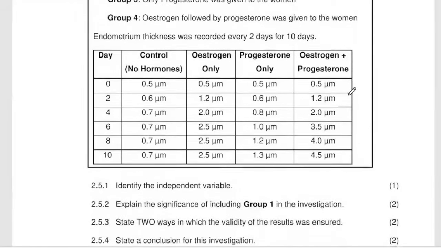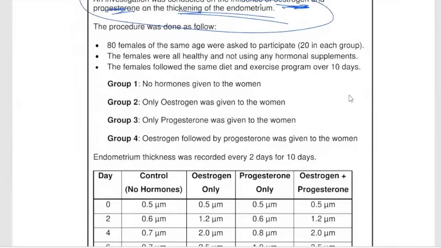Explain the significance of group 1. In most cases, if you see group 1, it is always the control experiment. Here they are saying that no hormone was given to this group.